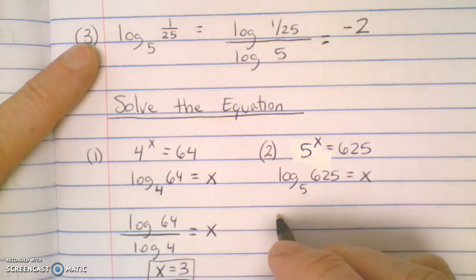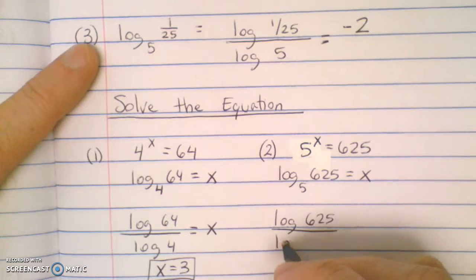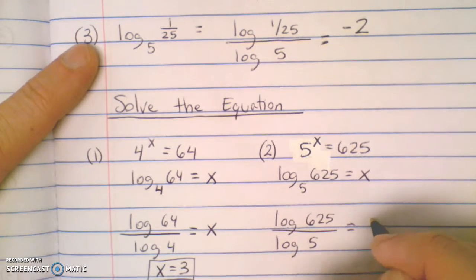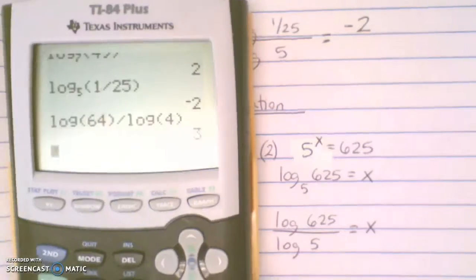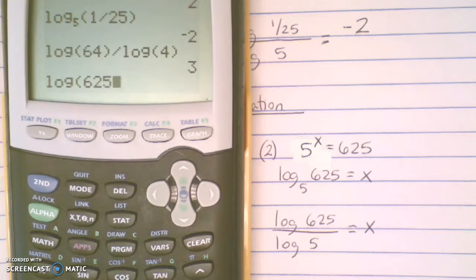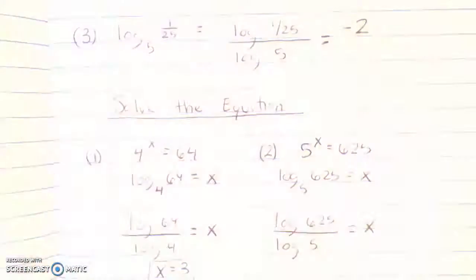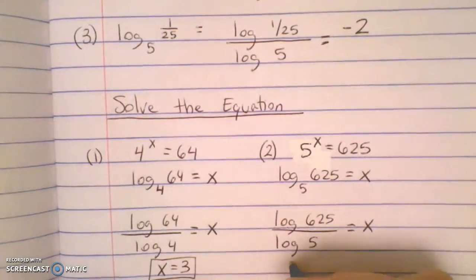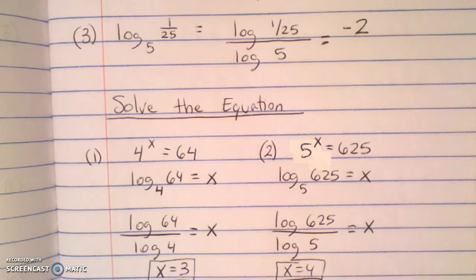And now I can do that change of base formula where I take log of 625 divided by log 5. Typing that into the calculator, log 625 divided by log 5, my exponent there is 4. Which should make sense because 5 to the 4th is 625.